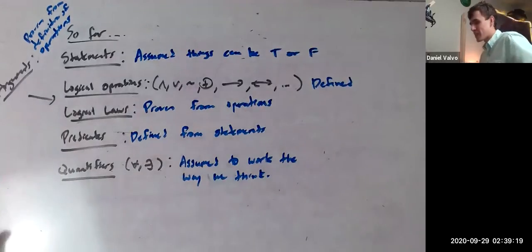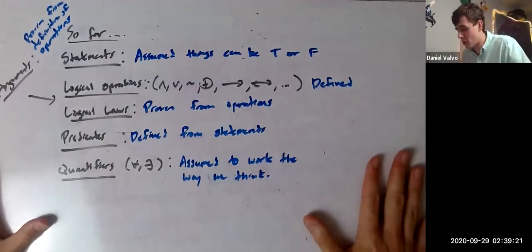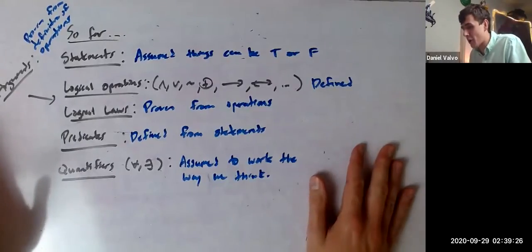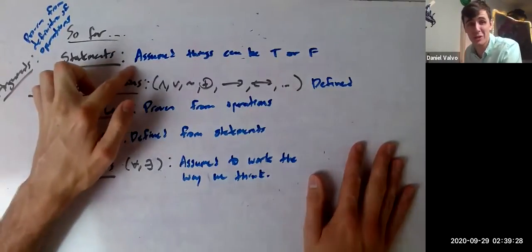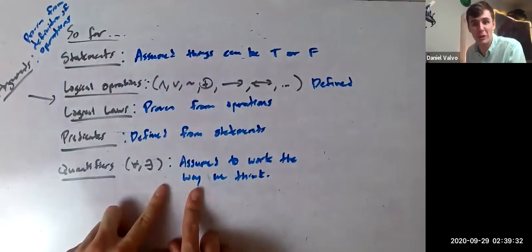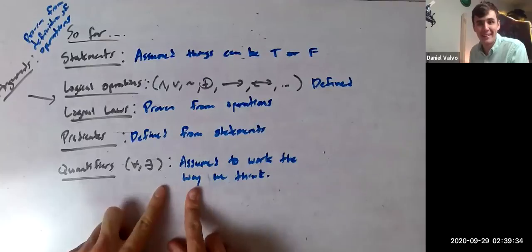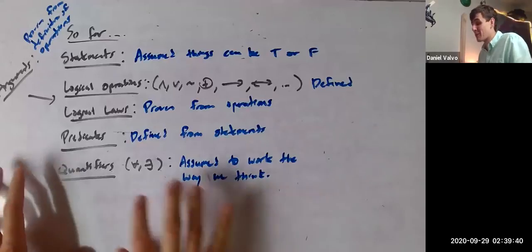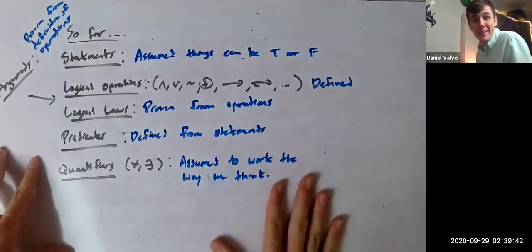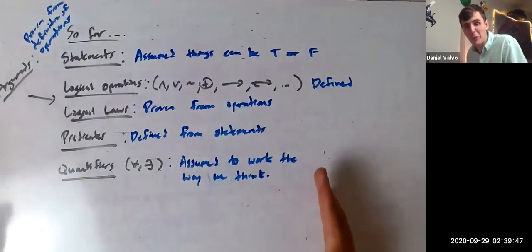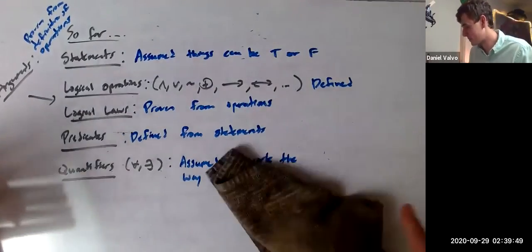So really, this whole time, everything we've been doing has been building up all of these different things, which all come from the assumption that things are true or false, and the assumption that for all and there exists work the way we think they do. That's it. We've made two or three, depending on your count, very basic assumptions, and we've been able to build all of this logical speak. And now that we have it built, we can actually start to prove really cool, interesting things.